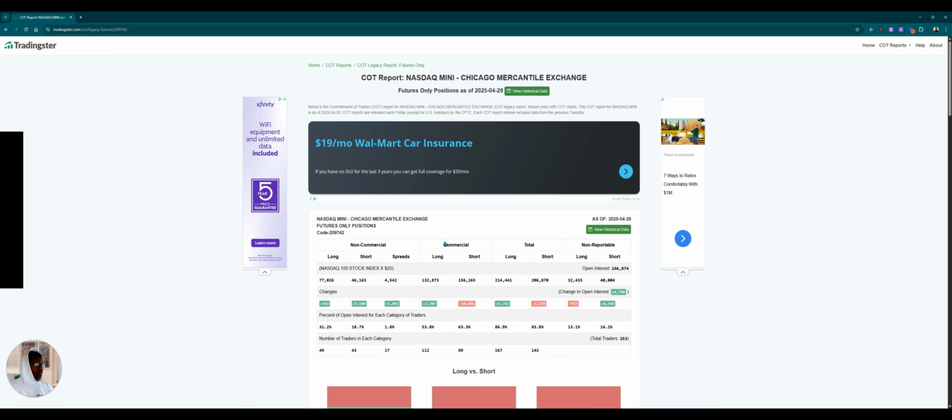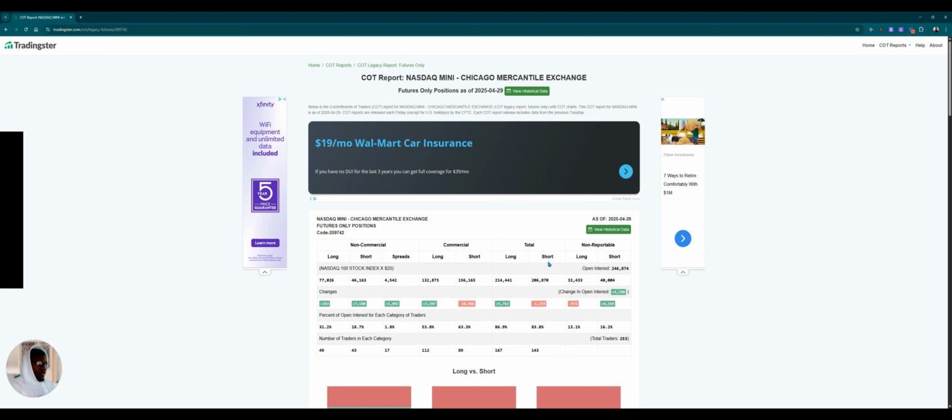Commercial, these are companies who are trading to hedge their companies against volatility in the market, so this is not what you want to be looking at. And total is essentially just the total number of longs versus total number of shorts. And then non-reportable is just information that is being covered or cannot be reported on this website.